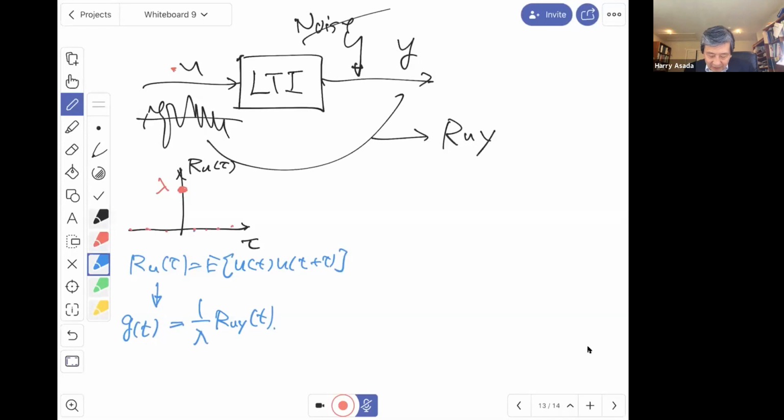Now, in reality, input signals cannot be that random, so it has some correlation. Let's see, R_uu(tau). Of course, at 0 you have a very strong value, lambda, right?